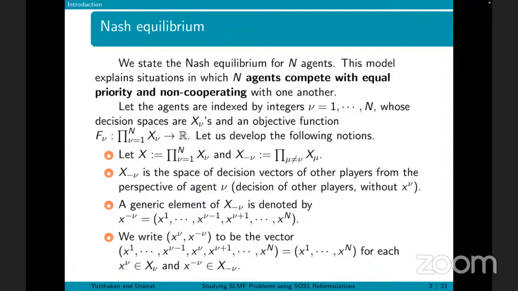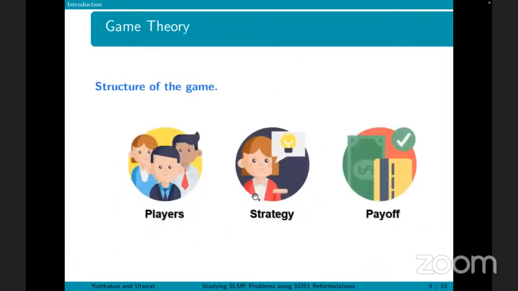Copper X new and X minus new is the decisions vector of all agents. Next. Game theory. The game theory structure of the game consists of player, strategy, and payoff.